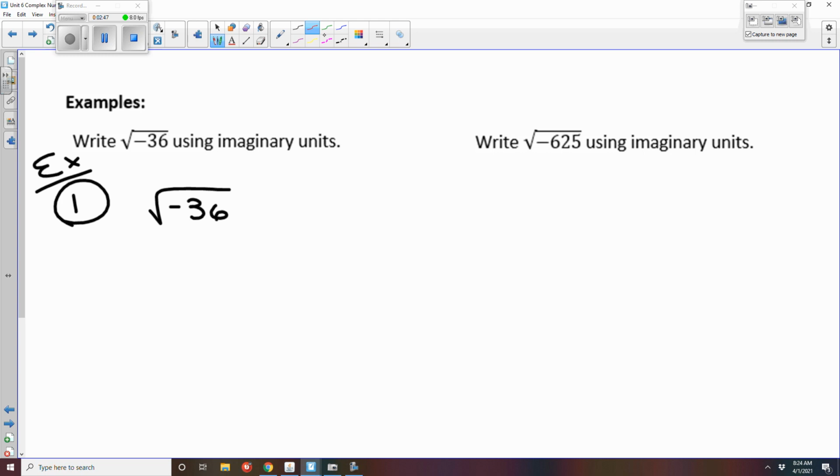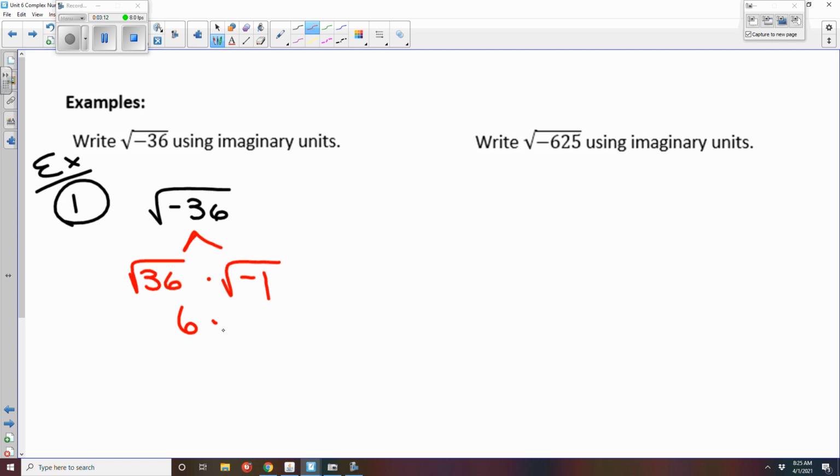So what part of it is giving us the trouble? The negative. So we're actually going to separate this out into the square root of +36, times the square root of -1. Now we can do this part in our calculator. What is the square root of 36? 6. All right.